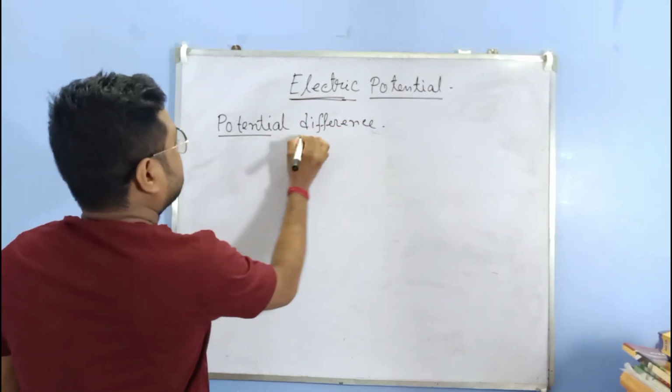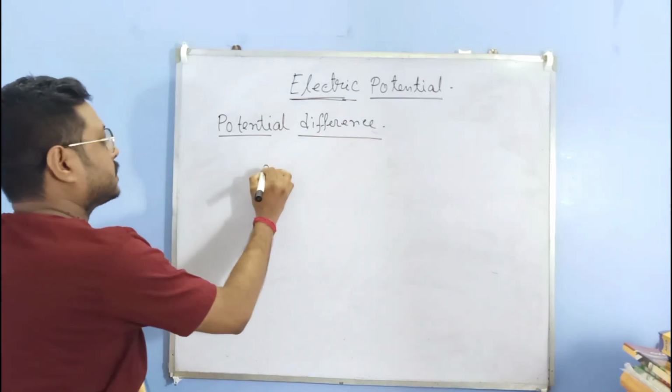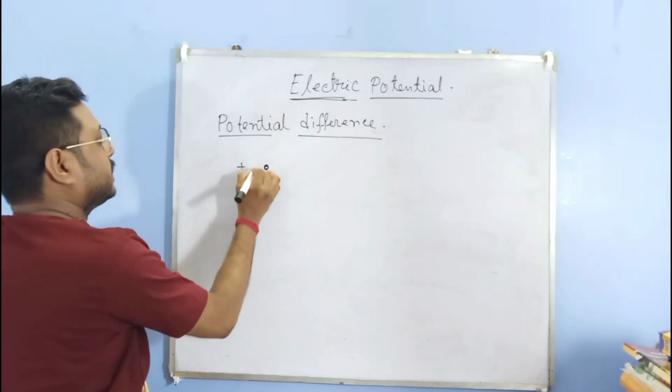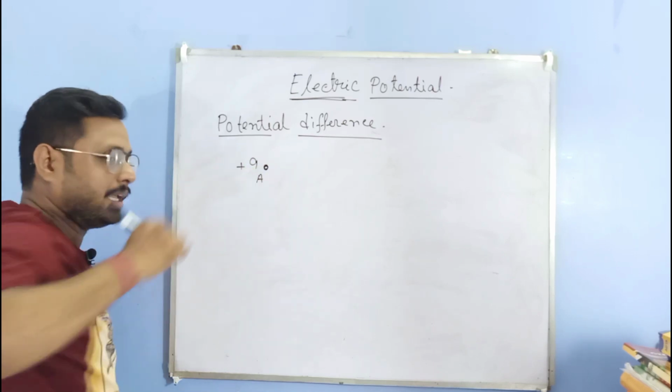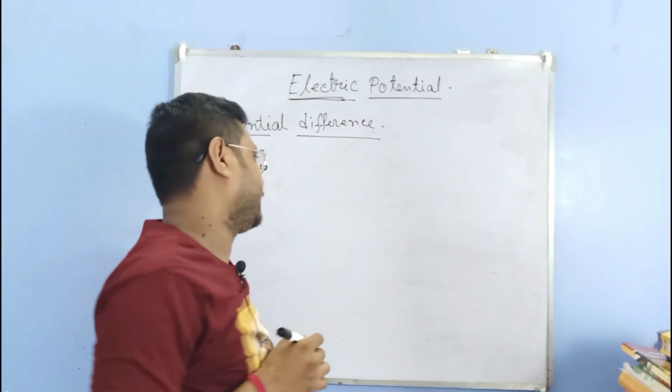What is potential difference? Suppose a point charge plus Q is situated at a point A in an electric field.